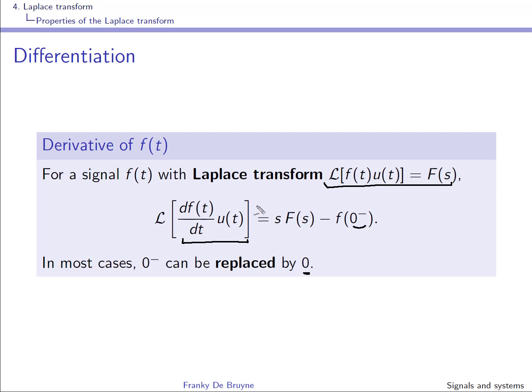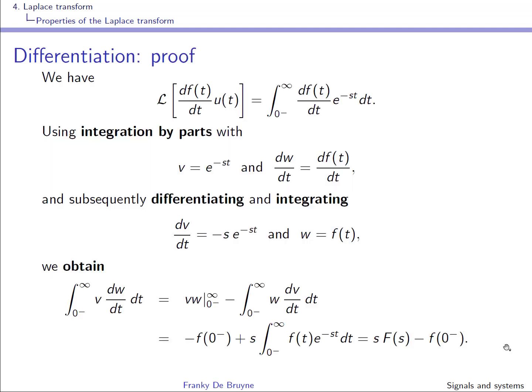Okay, so the Laplace transform of the derivative of f of t is the Laplace transform of the original function times s minus the time function evaluated in 0, and this is how the initial conditions come into play.